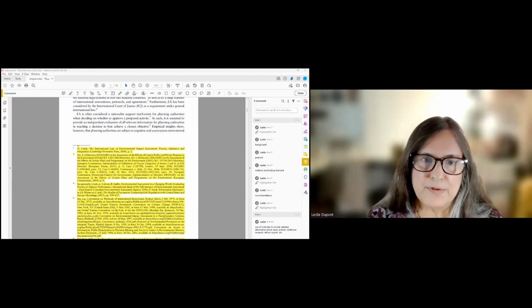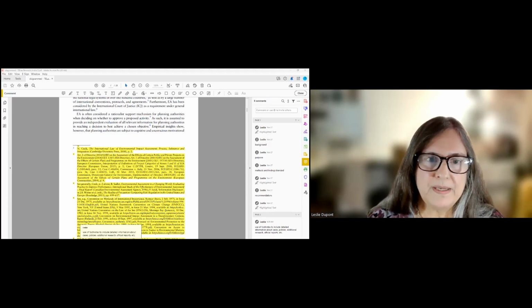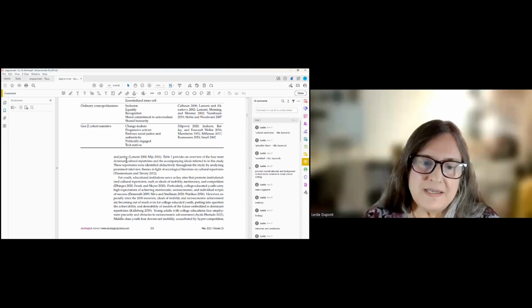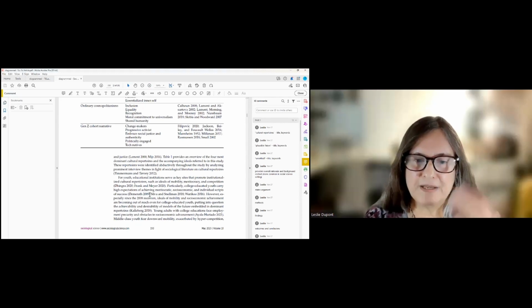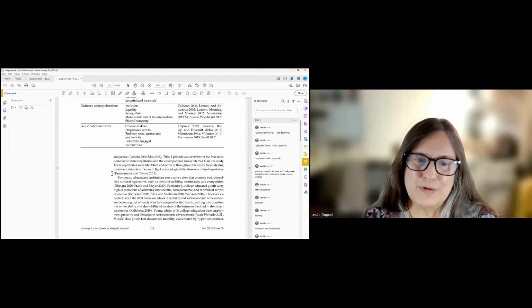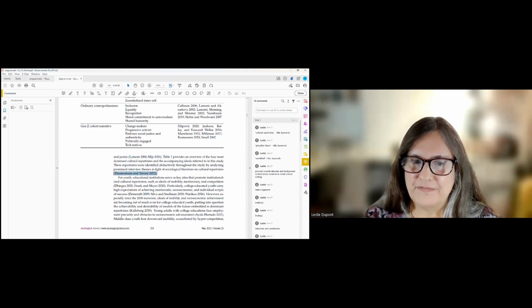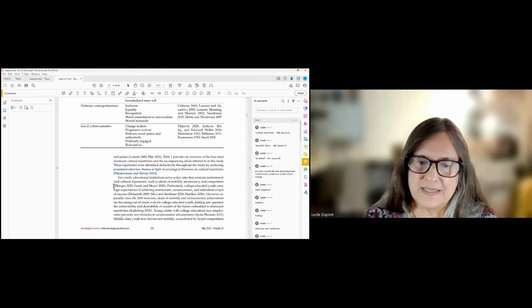Another example would be a social science article. I don't mean to give you a headache, but you can see that they're using a different kind of citation format here, where it's in-text citations.